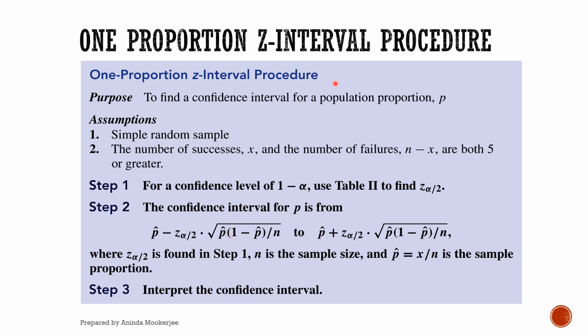But when we find the confidence interval, we will use the P hat values, where Z of alpha by 2 is found in step 1, n is the sample size, and P hat can be found by dividing x, the number of successes, the number of yes answers to our question, by n. That's the sample proportion, and in step 3 we interpret the confidence interval.